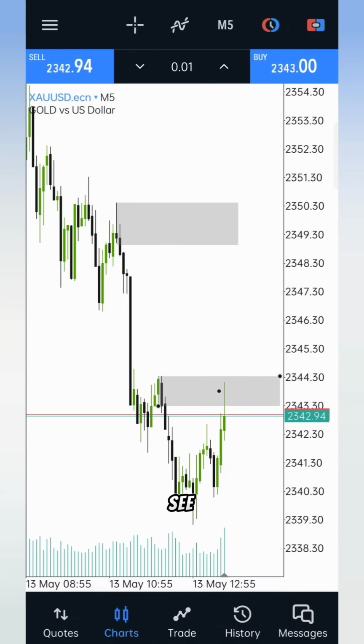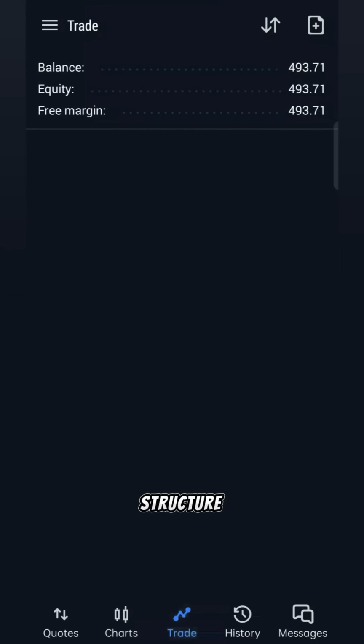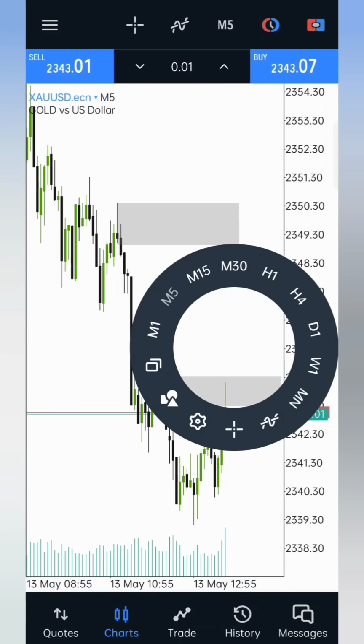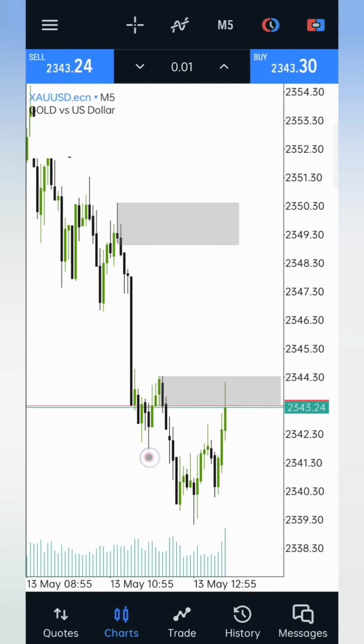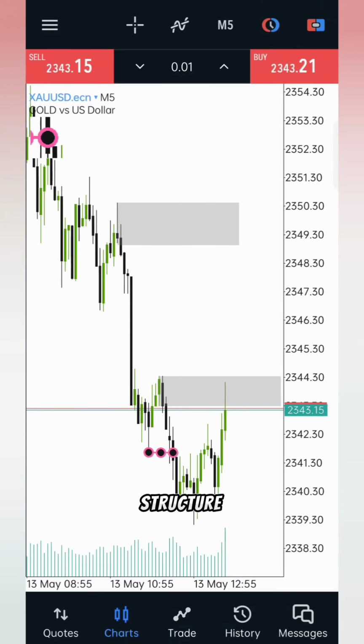So, as you can see here, the price has already reached our order block zone. And the order block is valid because of the break of structure. This is the break of this structure.